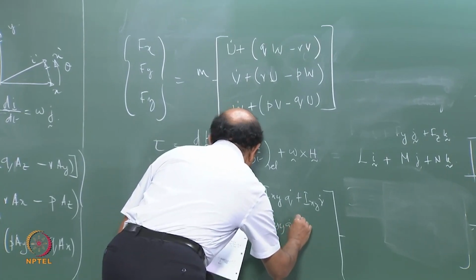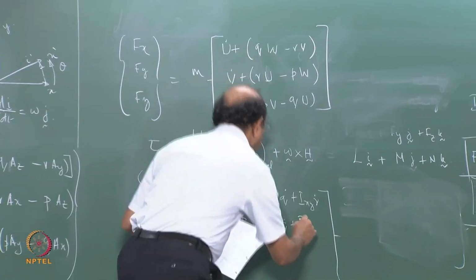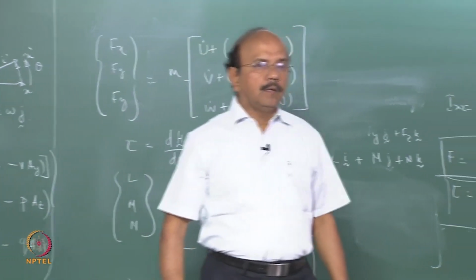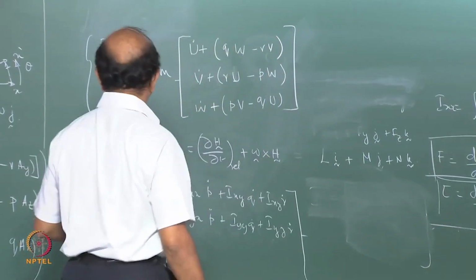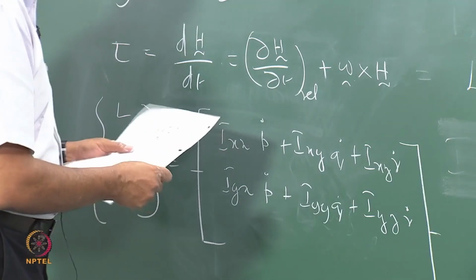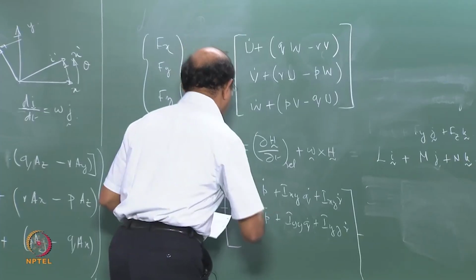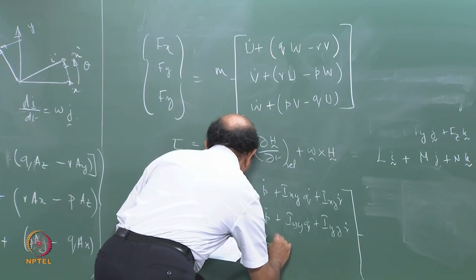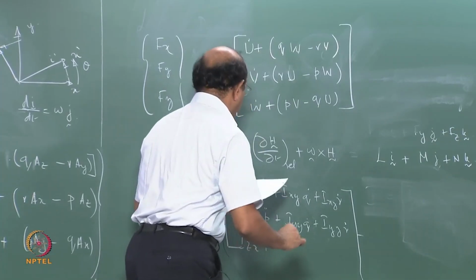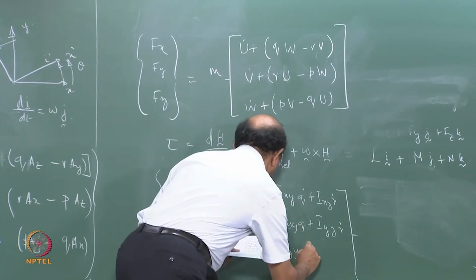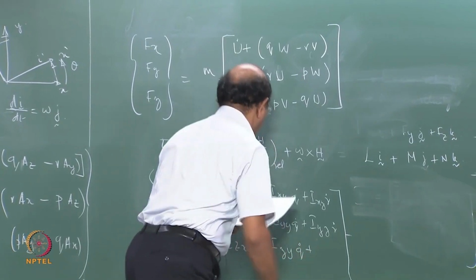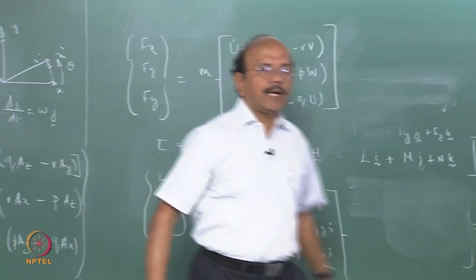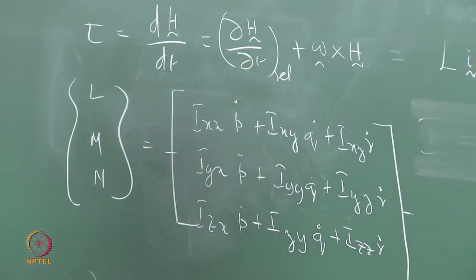Iyy Q dot plus Iyz R dot, and Izx P dot plus Izy Q dot plus Izz R dot. Okay, so those are the dou h by dou t terms.